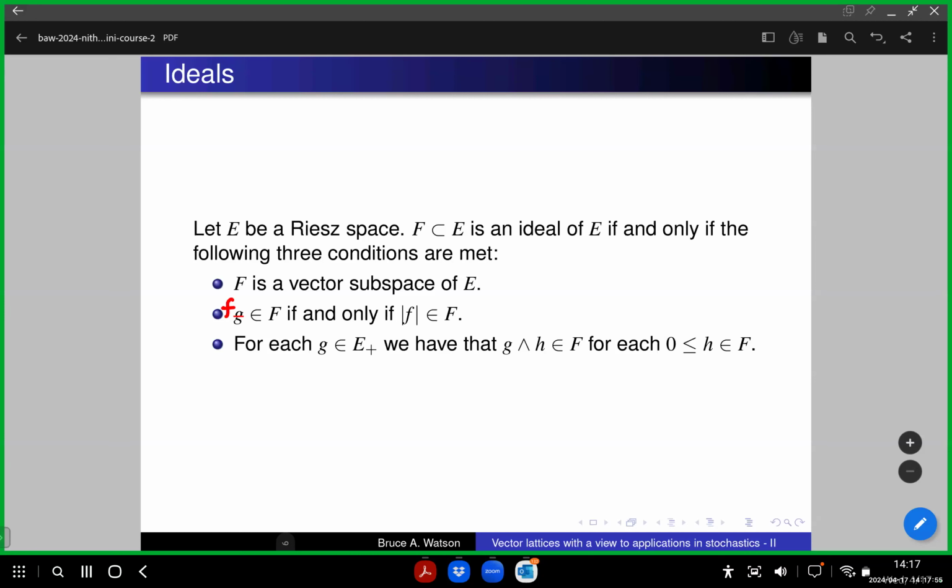F needs to be obviously a vector subspace of E. Secondly, f is in F if and only if its absolute value is in F. And thirdly, we require that for each non-negative h in F, the infimum of h with each g from the positive cone of E must again be in our subspace F. Now, if these three conditions are met, we have that F is an ideal.